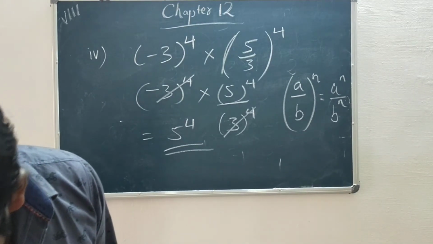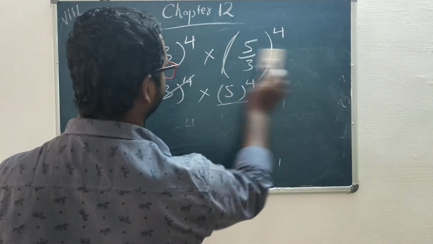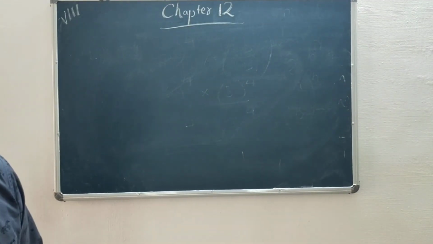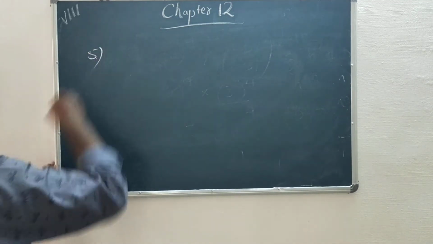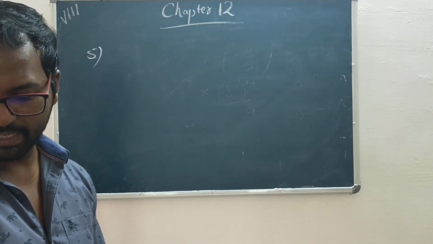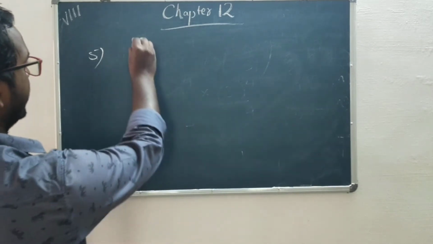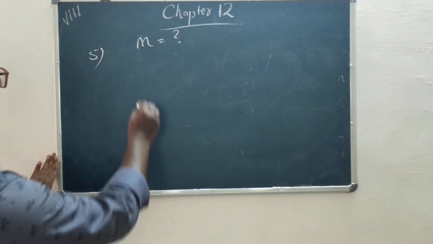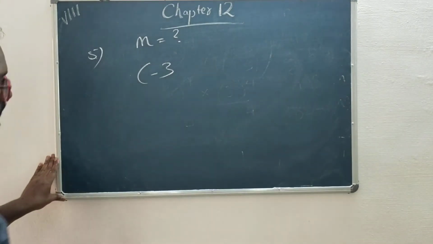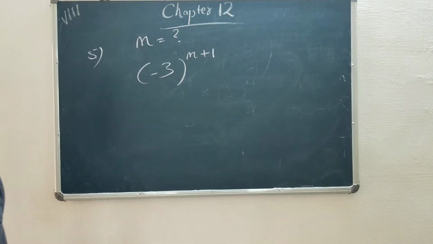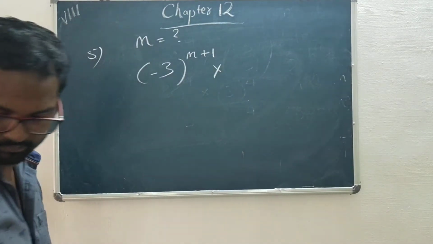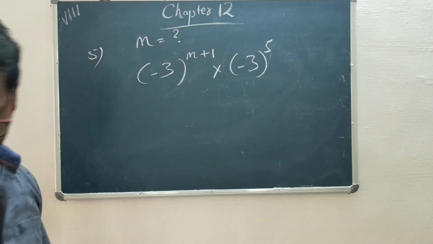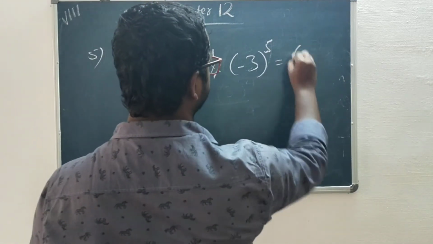Okay, now let's see example 5. Find m so that (minus 3) to the power m plus 1 into (minus 3) power 5 is equal to (minus 3) power 7.